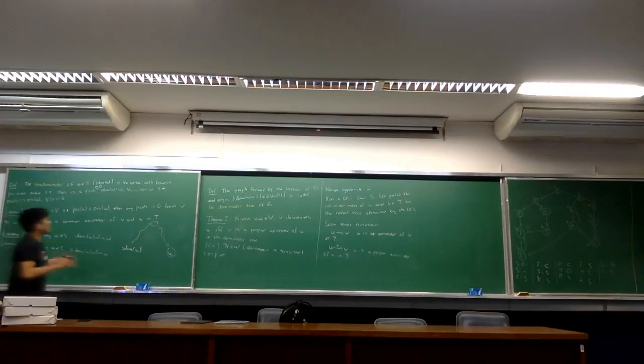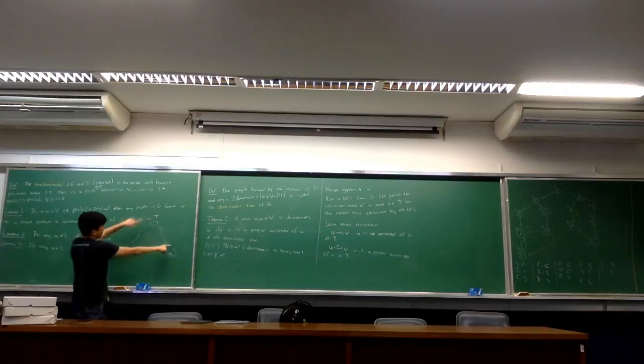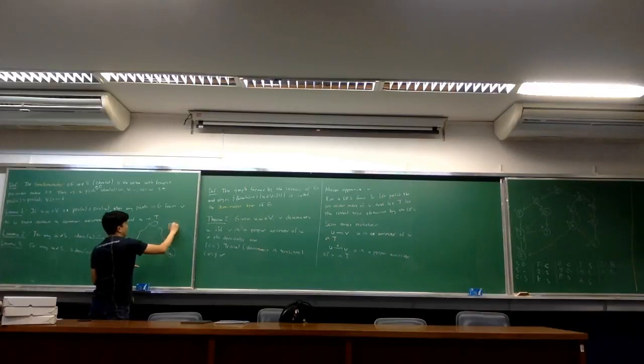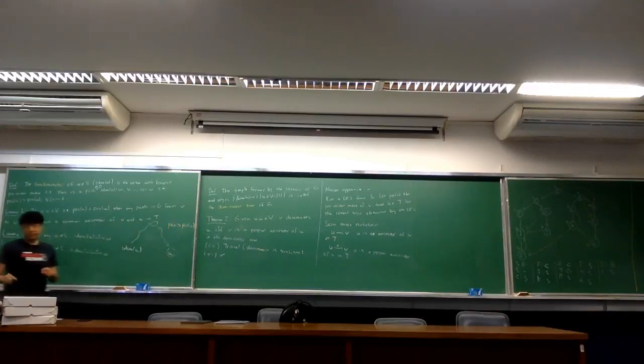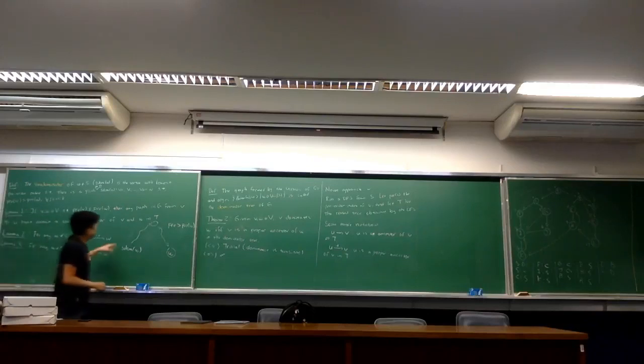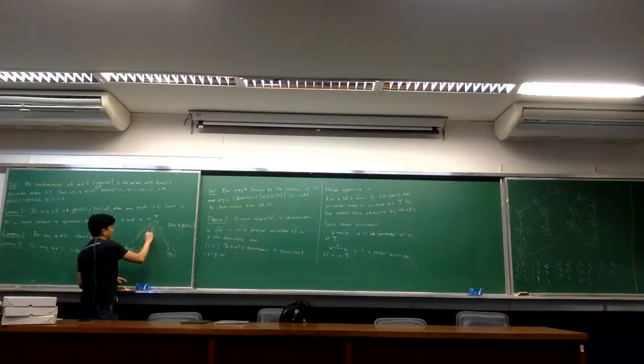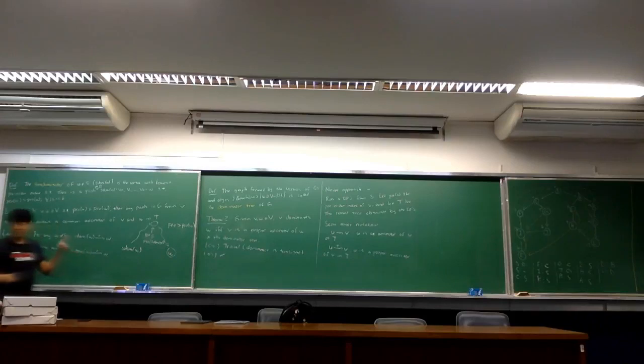So all these guys have preorder greater than the preorder of W. And this guy is a common ancestor of these two, so this guy has a preorder which is less than or equal to the preorder of this guy, due to lemma 1.